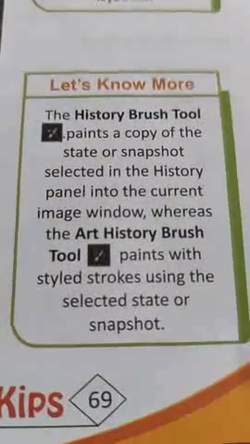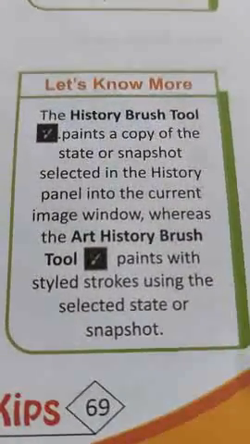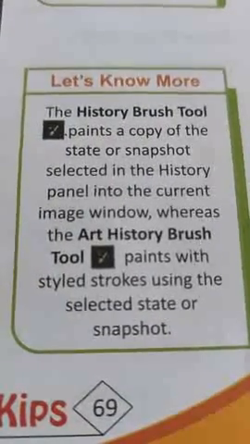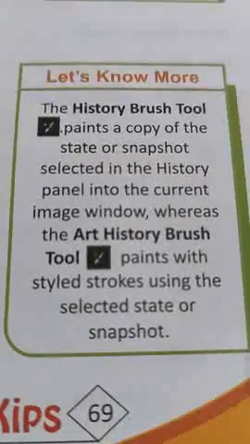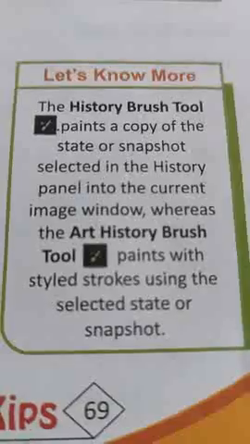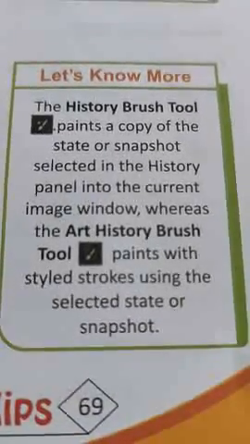And history brush tool paints a copy of a state or a snapshot selected in the history panel into the current image window, whereas art history brush tool paints with a styled stroke using the selected state or the snapshot.